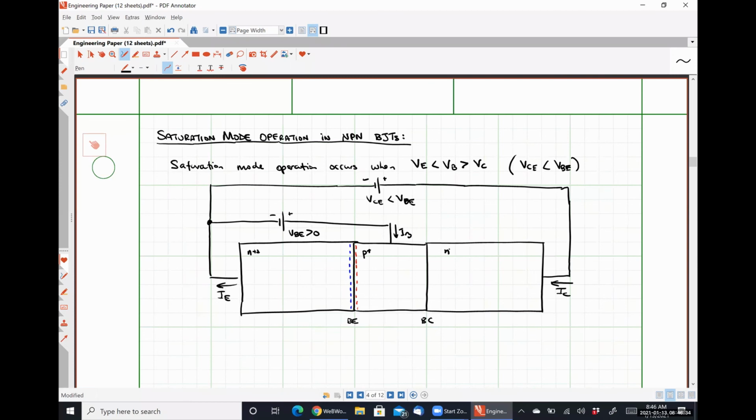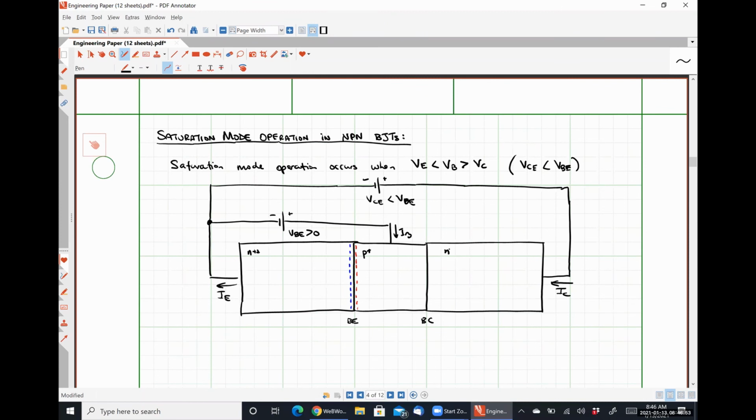So if VCE is less than VBE, that means that VB is greater than VC, right?